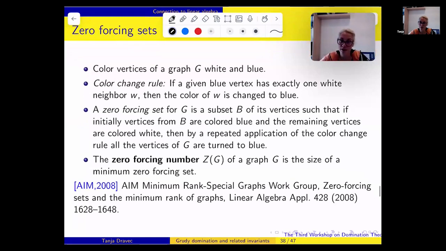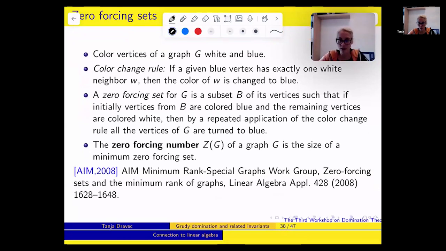And now, if we have a set of blue vertices B, and all the remaining vertices of a graph are white, and then if by a repeated application of the color change rule, all the vertices of graph eventually turn to blue, then the set B is called a zero forcing set. And the zero forcing number of a graph is the cardinality of the smallest zero forcing set.